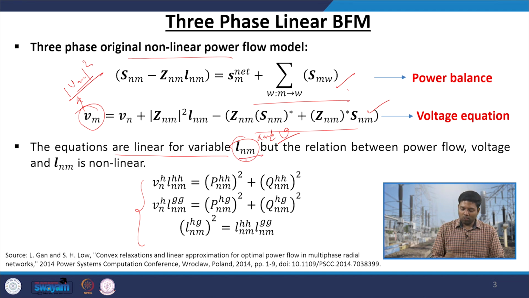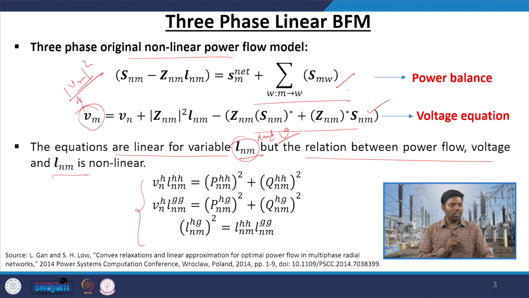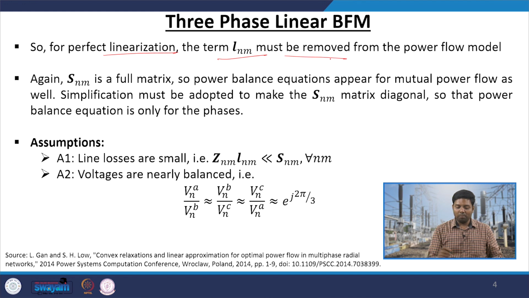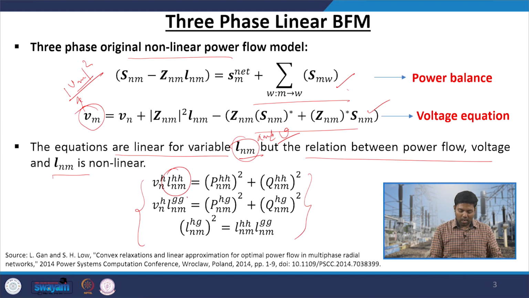It is linear for V and L, but the relationship between power flow, voltage and the small l is a quadratic equality. So, these three are equalities. Now, how to get rid of these three? For perfect linearization, if you can remove the term l_nm, then you do not need these three equations, because l_nm is present here and here.